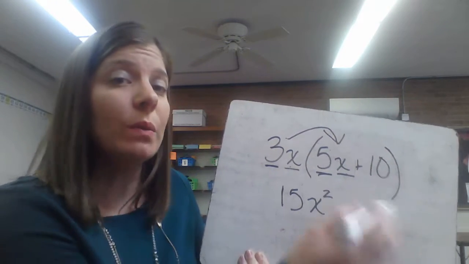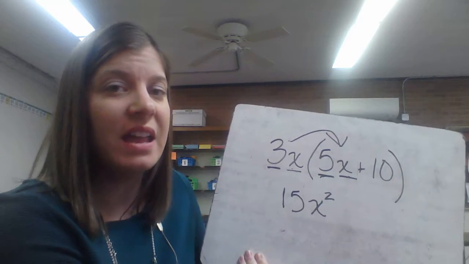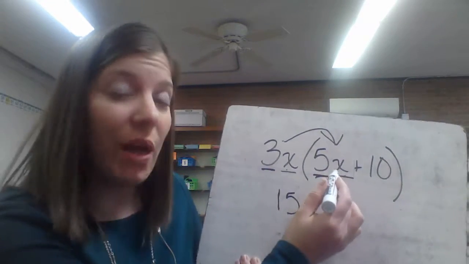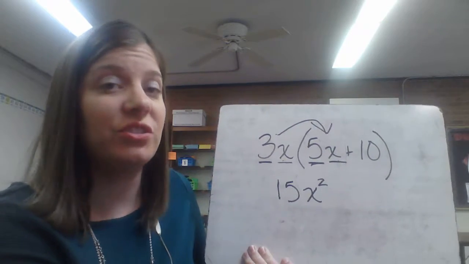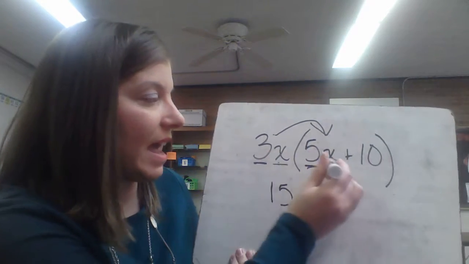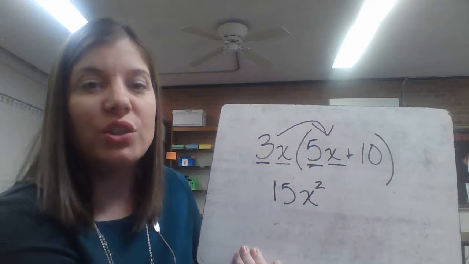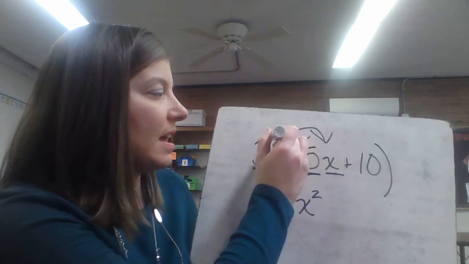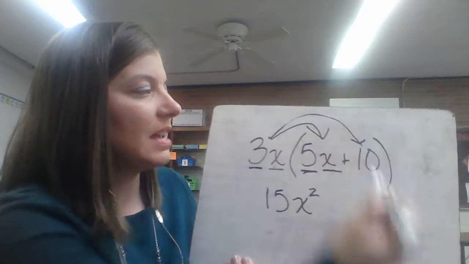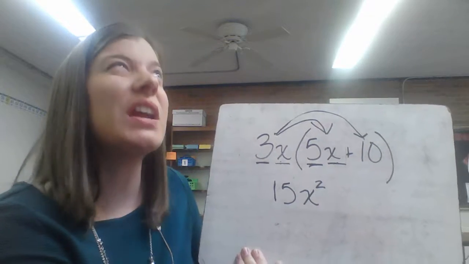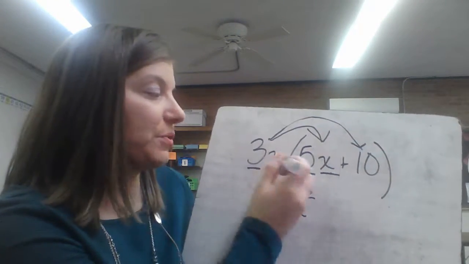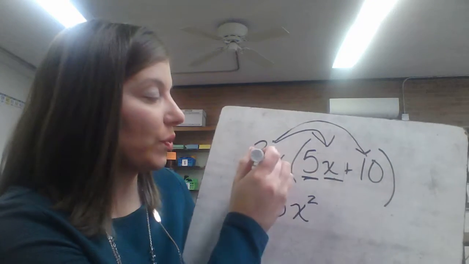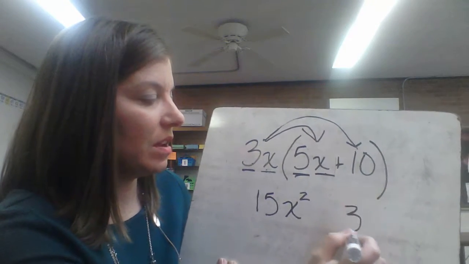Now, when we combined like terms the other day, if this would have been 3x plus 5x, that's not 8x squared or anything like that. That was just 8x. But when you multiply x times x, you would get x squared. All right, now 3x times 10. Think of this as I have 10 sets of 3 xylophones. So 3 times 10 would be 30.